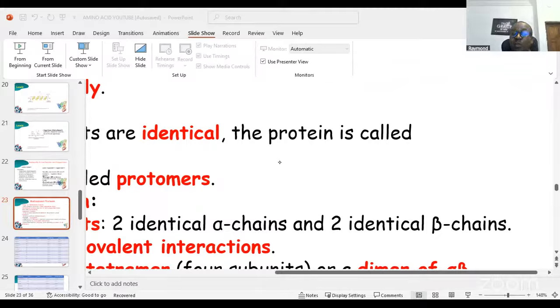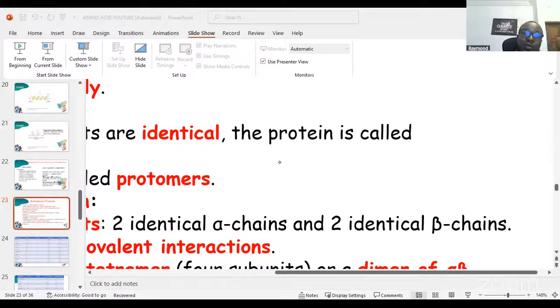The association must be non-covalent if they should be called a tertiary protein or a quaternary protein. If it is an oligomeric protein, and two or more subunits are identical, they are called protomers. Example is hemoglobin.